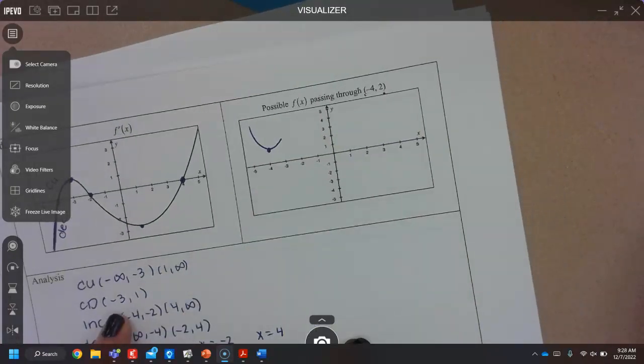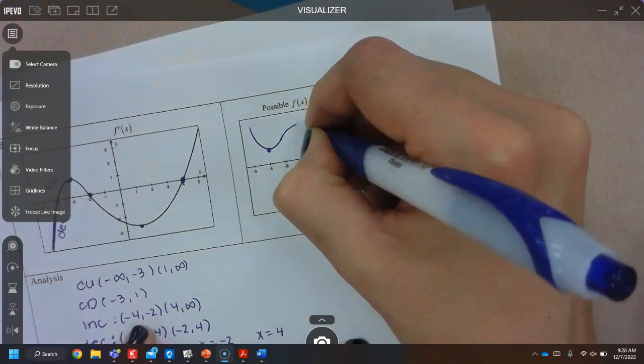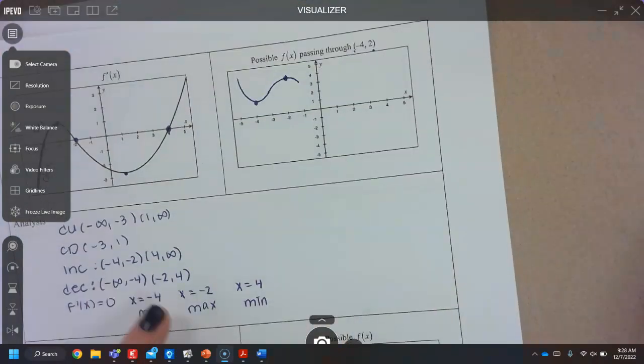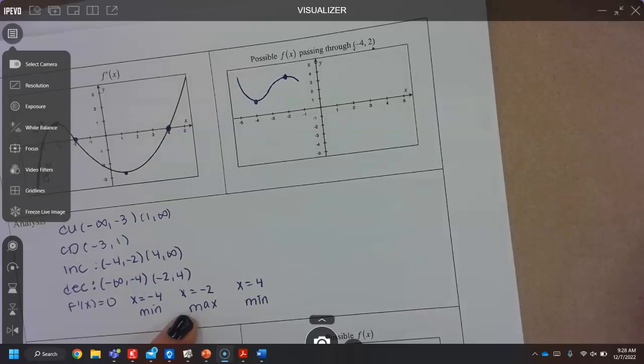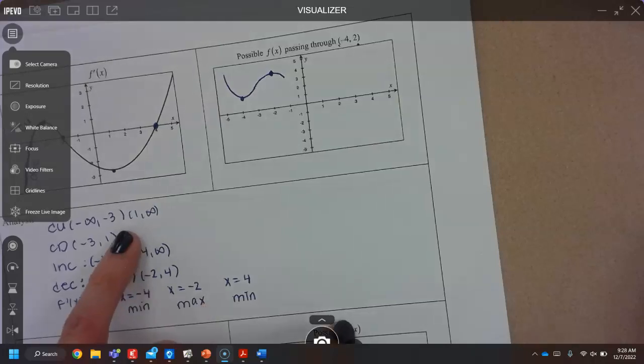But it stays increasing until -2. So then -2 becomes my max. And then it changes back to decreasing, but it stays concave down until about 1.